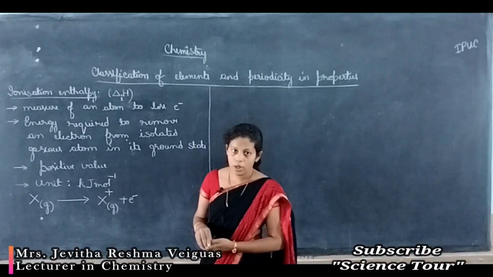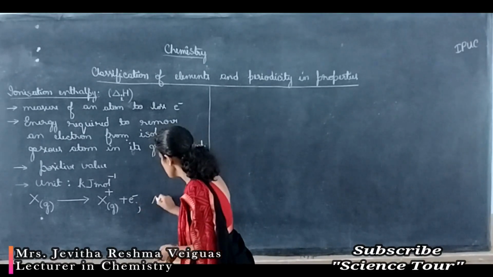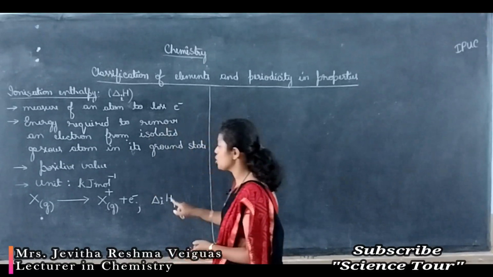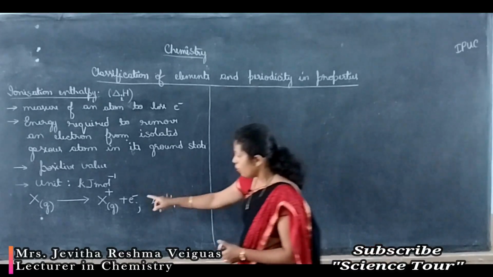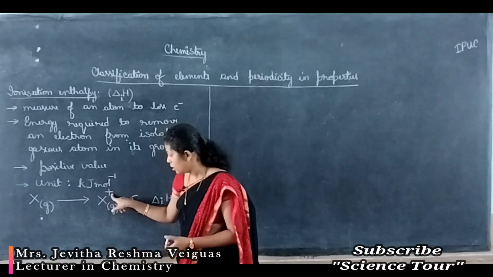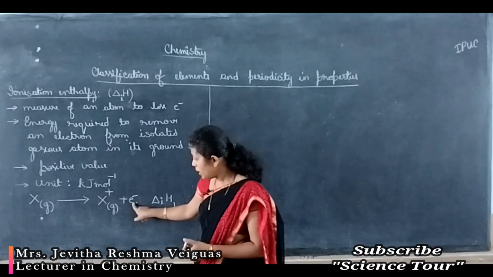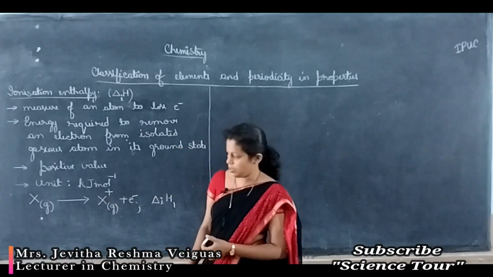Energy required to remove an electron is first ionization enthalpy, which is represented as delta IH1. Whenever an electron is lost from an atom, a positive charge comes on the atom. Here one electron is lost, so one positive charge on the atom.